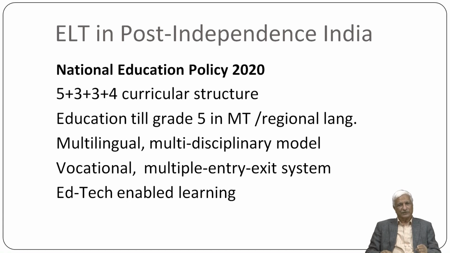So at a later stage, even the medium of instruction may be English, but right from the beginning, the child should be allowed to become multilingual or should be encouraged to become multilingual. That is one important point.